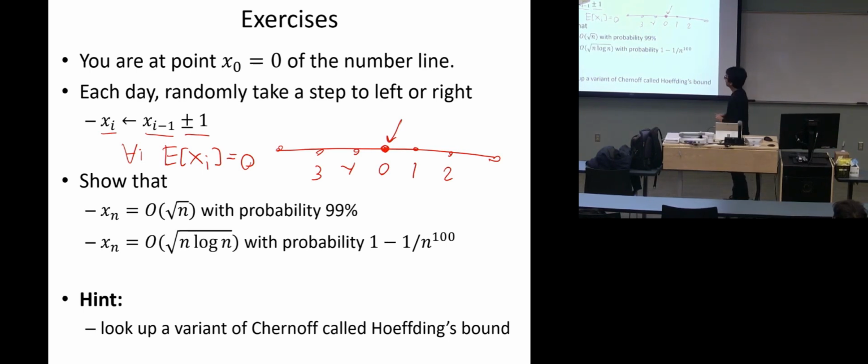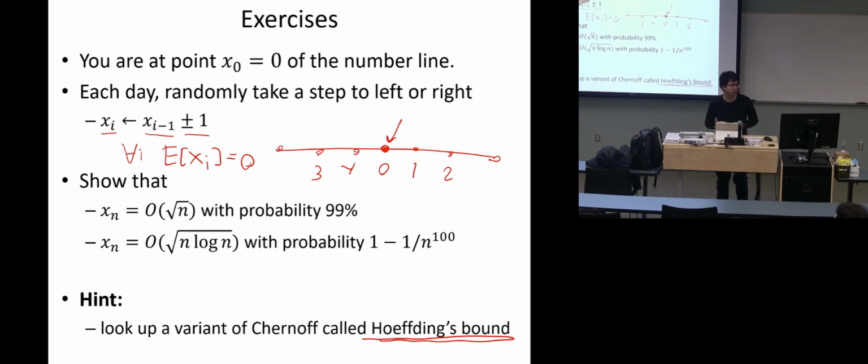But in the worst case, xn can be as big as n. We can say that with 99% probability, xn is something like root n. And with very high probability, it's like root of n log n. You can try to show this, and the keyword is Hoeffding bound.